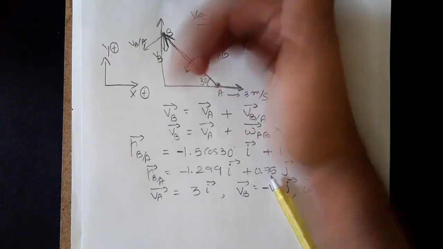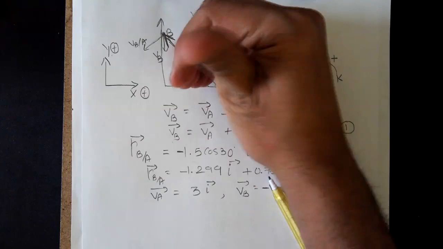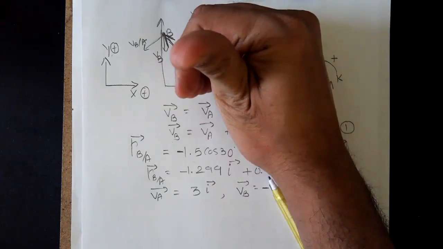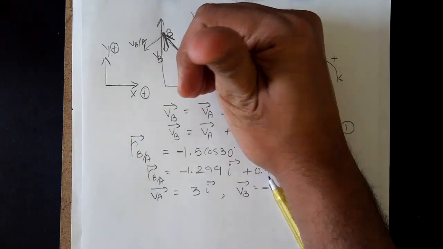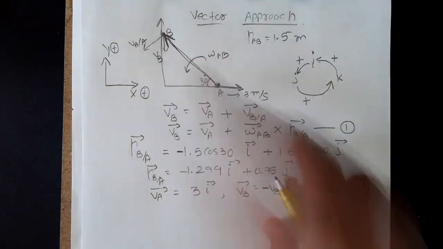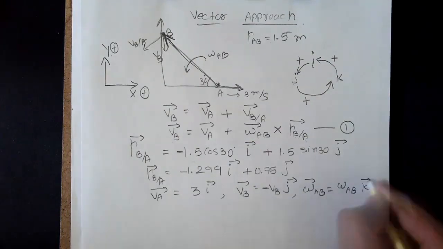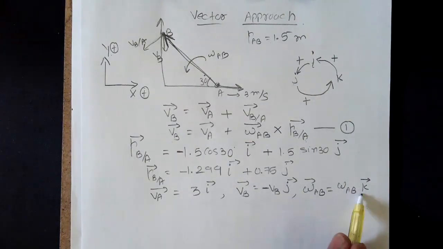To find the direction, we make use of the right hand rule, and the thumb points towards the positive direction. So the thumb is going up, that is positive Z, and when I bend my fingers counterclockwise, this is k. Because the unit vector for the positive Z direction is positive k.